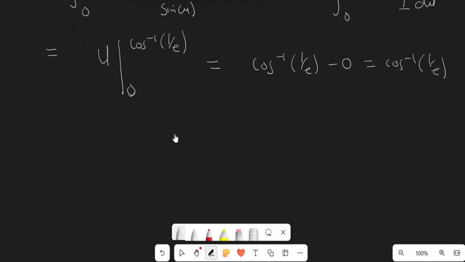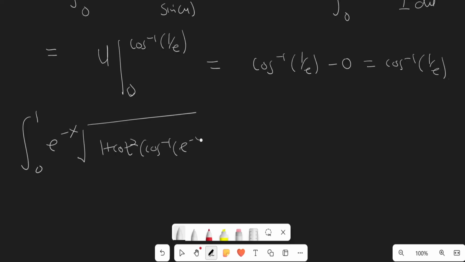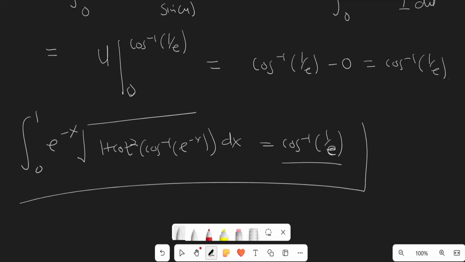Therefore, the integral from 0 to 1 of e to the x, the square root of 1 plus cotangent squared of cosine inverse of e to the negative x dx, is equal to the cosine inverse of 1 over e. And this is our answer.